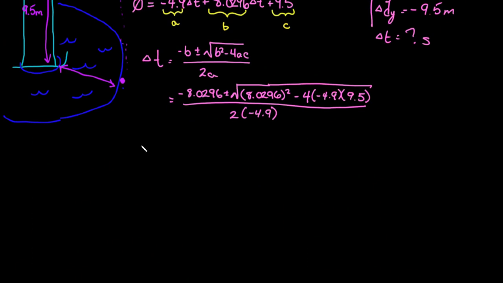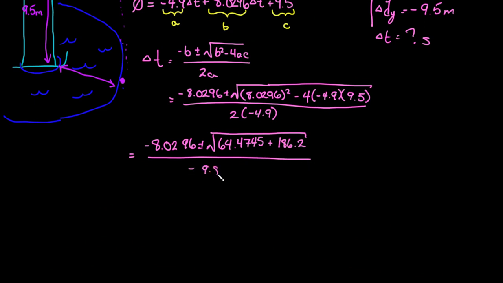So we're going to simplify. We get negative 8.0296 plus or minus, this works out to be 64.4745 plus, becomes plus because we have negative times negative, plus 186.2, all over negative 9.8.